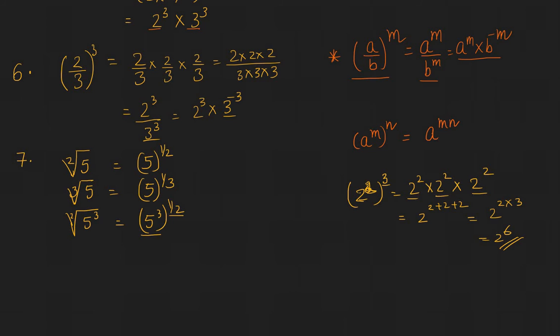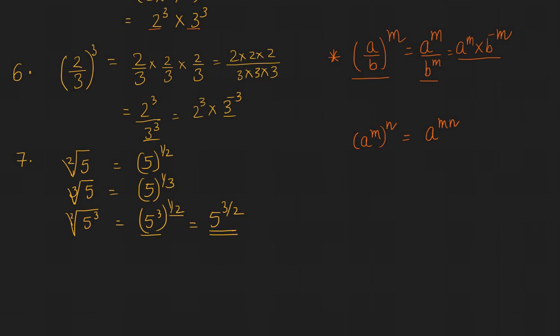All right. In the same way, for exponents here, we can say this is 5 power 3 by 2. In a very general form, if you have something like the nth root of a power m, this is nothing but a power m the whole power 1 by n, and this is a power m by n.